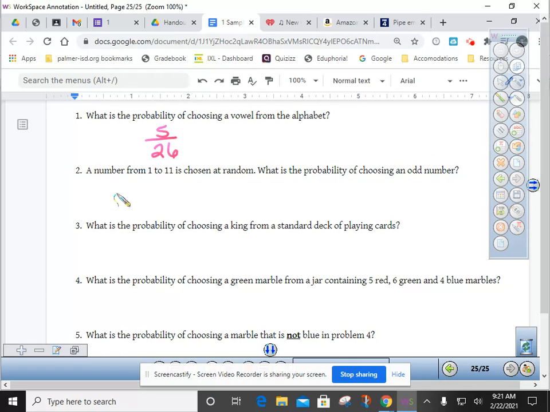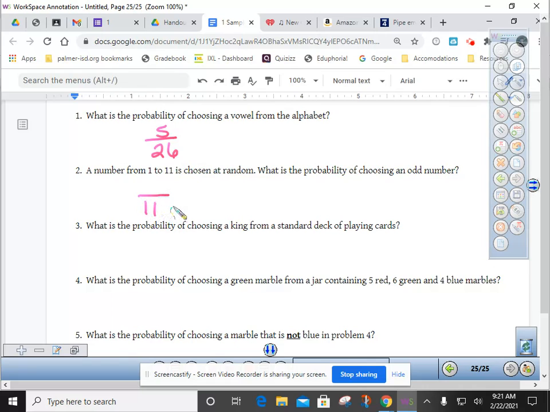Number 2, a number from 1 to 11 is chosen at random. What is the probability of choosing an odd number? So how many are there from 1 to 11? 11.